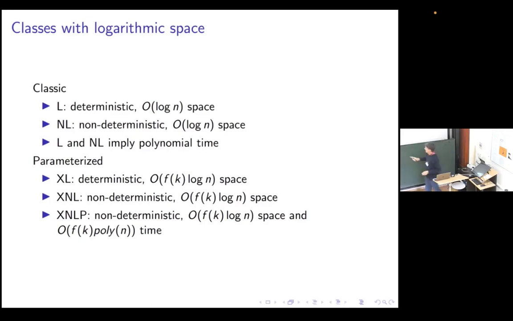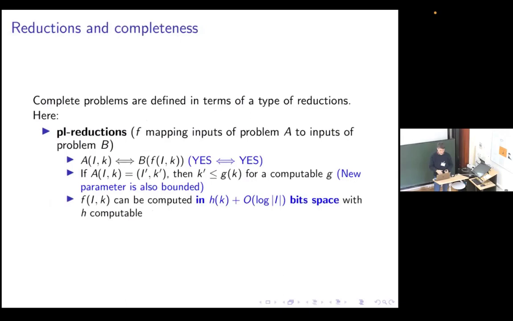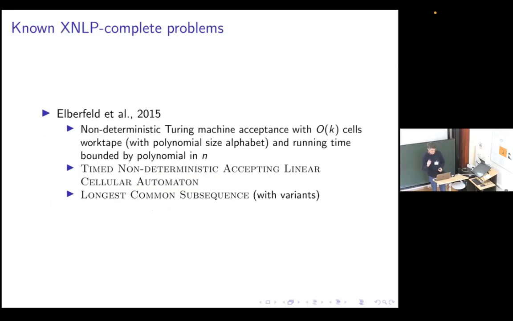It's non-deterministic. That's the class we are looking at. And now the interesting thing is that bandwidth is actually in this class. To show hardness, you use a certain type of reductions. Let's skip that. Basically your reductions also need to use log space.